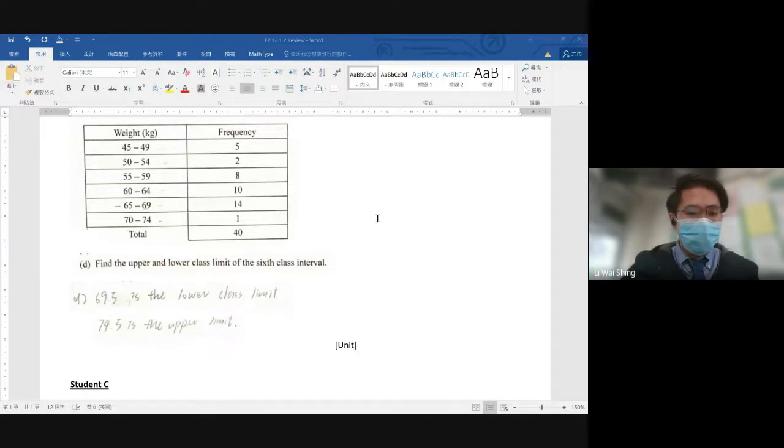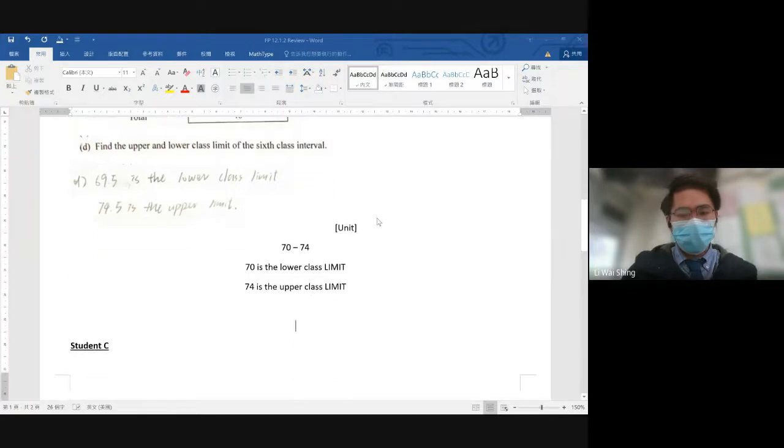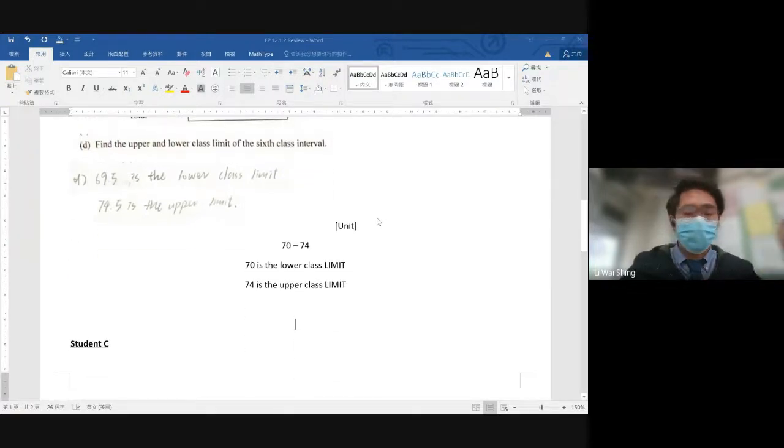Remember, when the class is 70 to 74, 70 is the lower class limit, not boundary. 74 is the upper class limit. Different from the things you have learned in chapter 3.